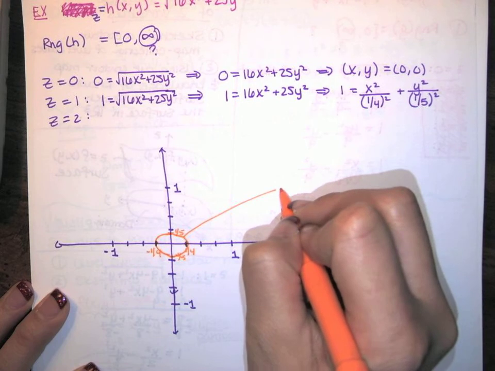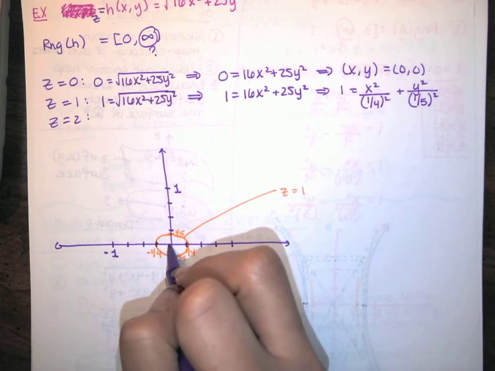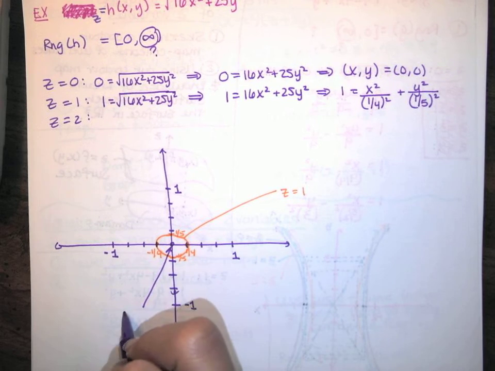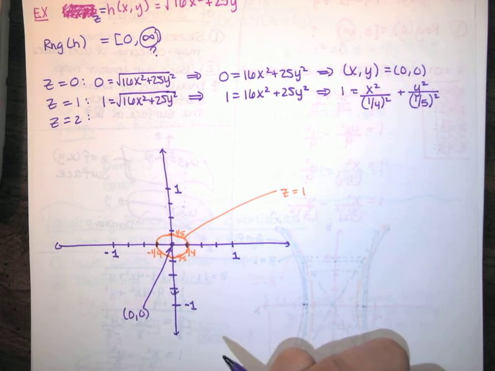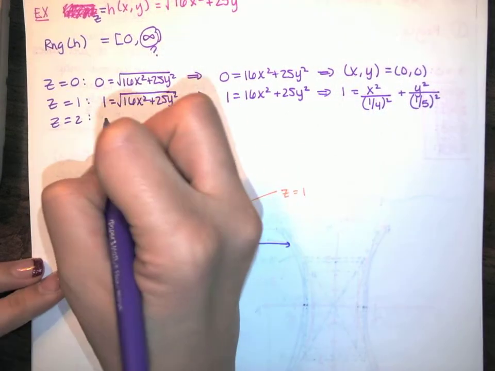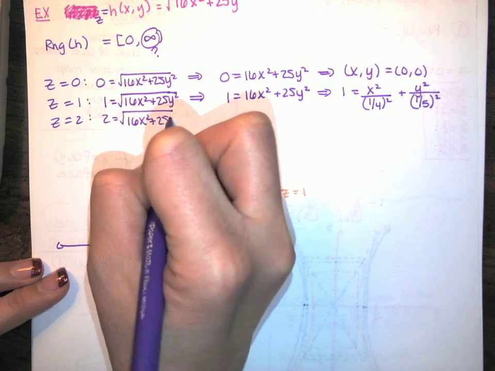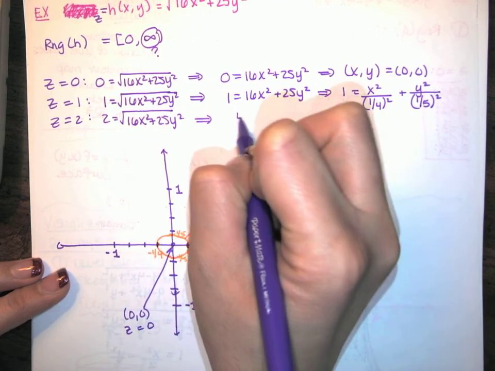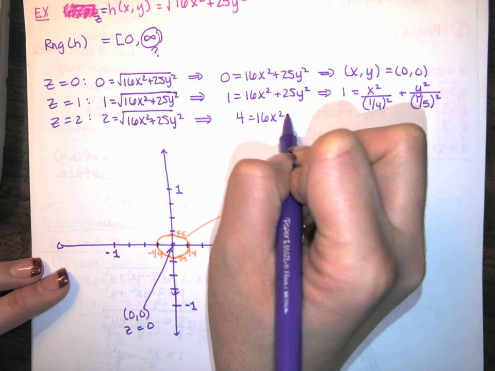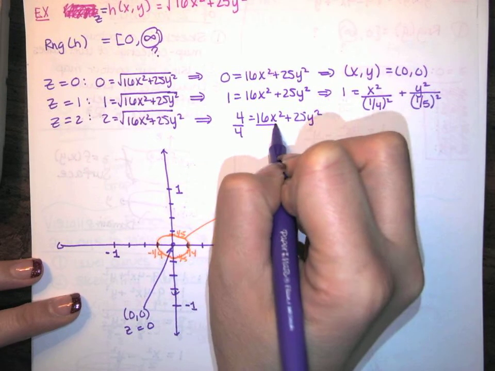On this ellipse, z is equal to 1. On that one, that's just the origin right there. Z is equal to 0. On this one, set z equal to 2, square both sides, and then divide everything by 4.